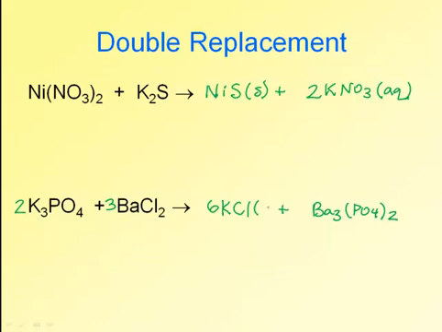For state symbols, KCl is aqueous, barium phosphate is solid.